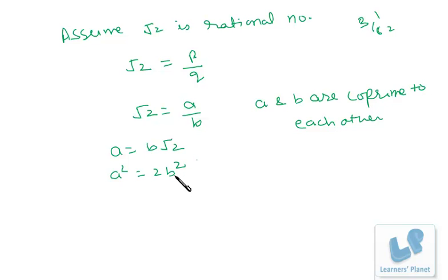A square is equal to 2b square. That means a square is divisible by 2. Now according to Euclid's lemma, if a square is divisible by 2, a is also divisible by 2.